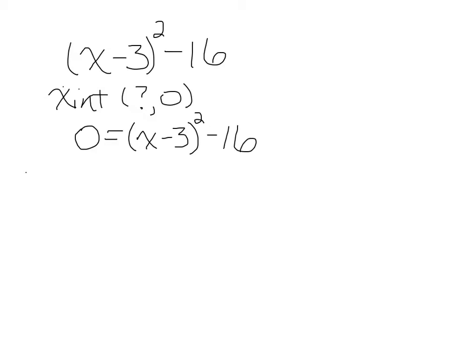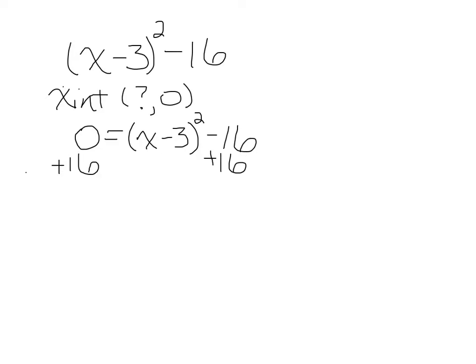To solve this equation, we'll be doing the order of operations backwards and doing the opposite. So I want to get rid of the thing that is being subtracted first. To do so, I will do the opposite, which is adding 16. What I do to the right of the equal sign, I must do to the left of the equal sign.